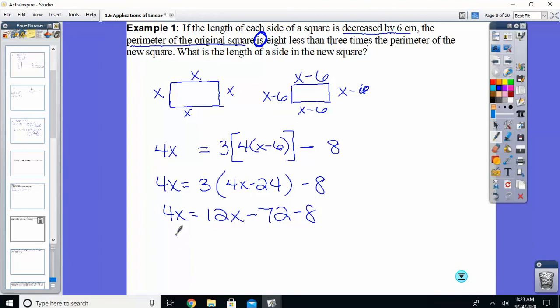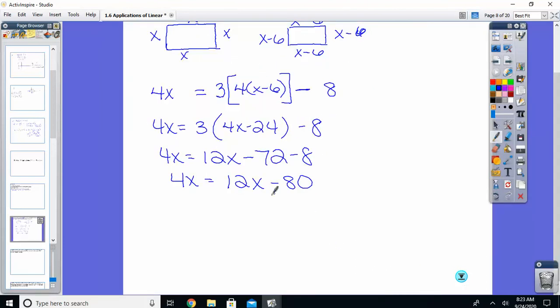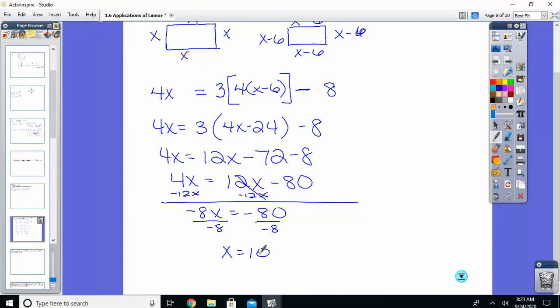Okay, add like terms. Need my x's on the same side, so I subtract over my 12x, divide by -8, and I get x equals 10.